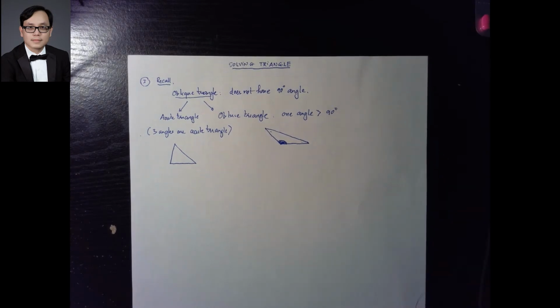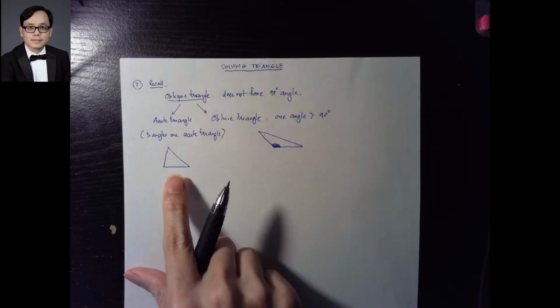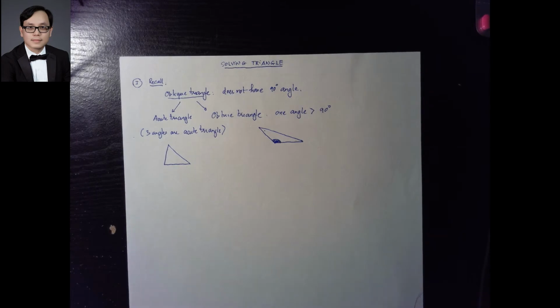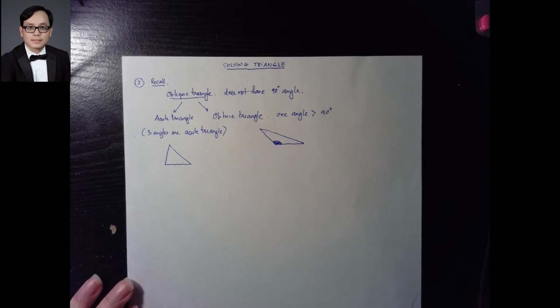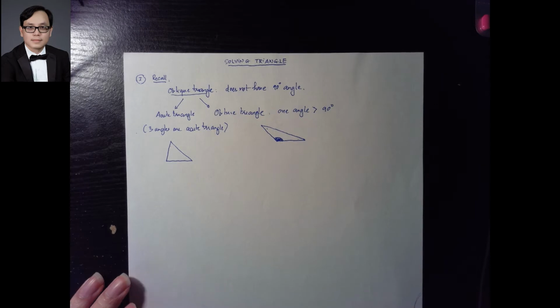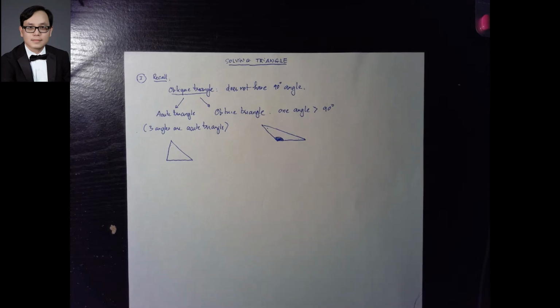The question is, how are we going to solve this triangle given certain information? What if they give you the length of the sides? What if they give you the measure of the angles? Then how do we find the measures of all the angles and the lengths of all the sides? In order to answer that question, we need to know what the law of sines is.